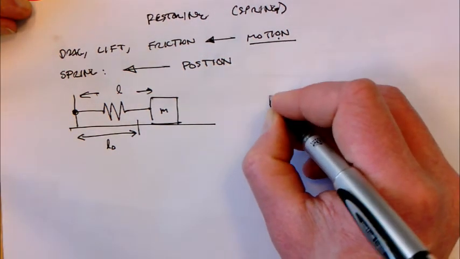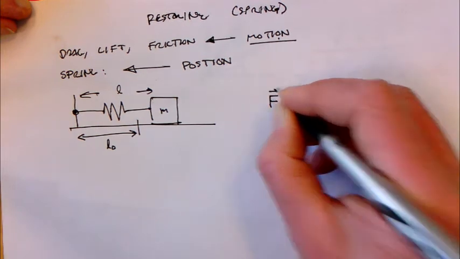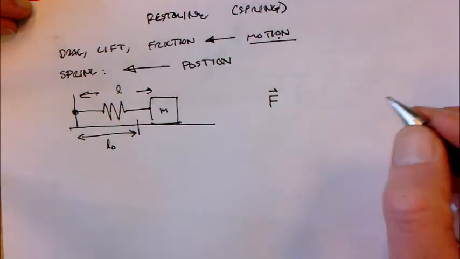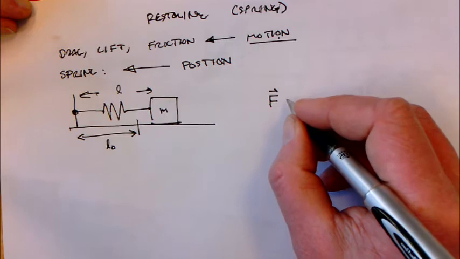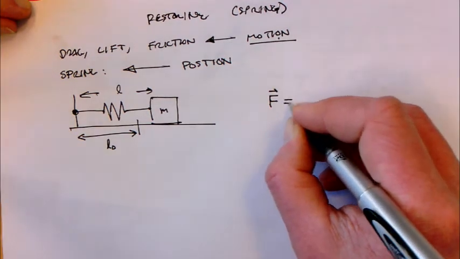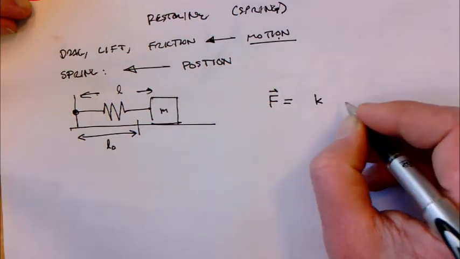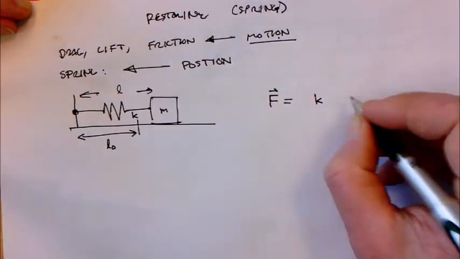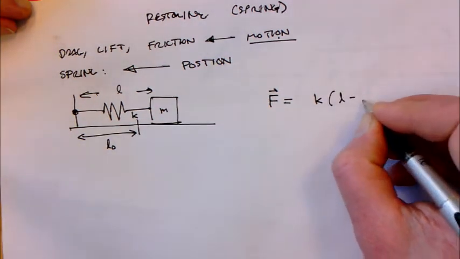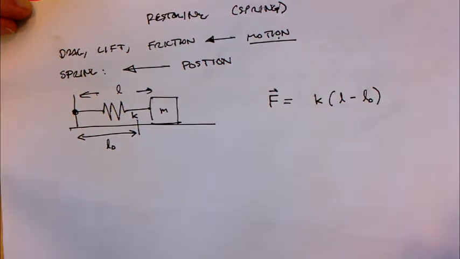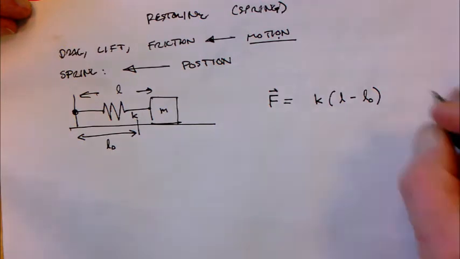And so to think about our situation, but also what our magnitude and what our direction is, the magnitude of the spring force is what's called the spring constant K times the length of the spring minus L naught, and the direction of the spring force is whatever direction brings you back to equilibrium.